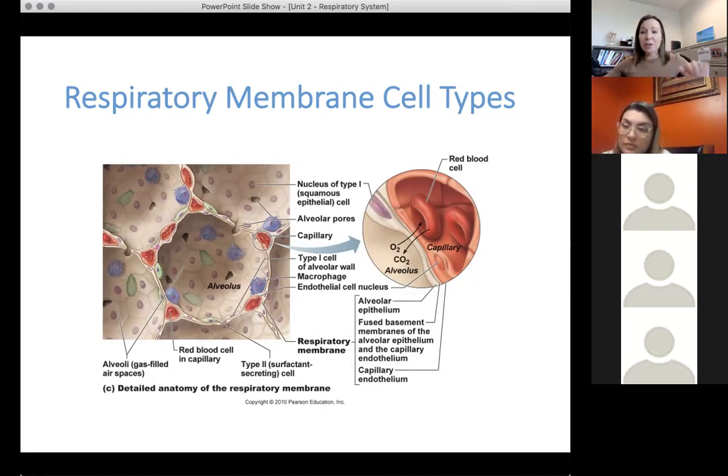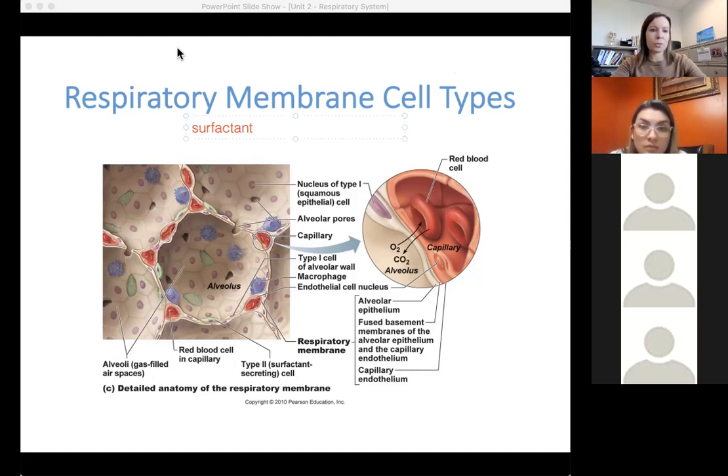But scattered throughout, there are 2 other types of cells. There are type 2 alveolar cells, which are also known as septal cells. And these secrete a substance called surfactant, which I typed onto the PowerPoint.